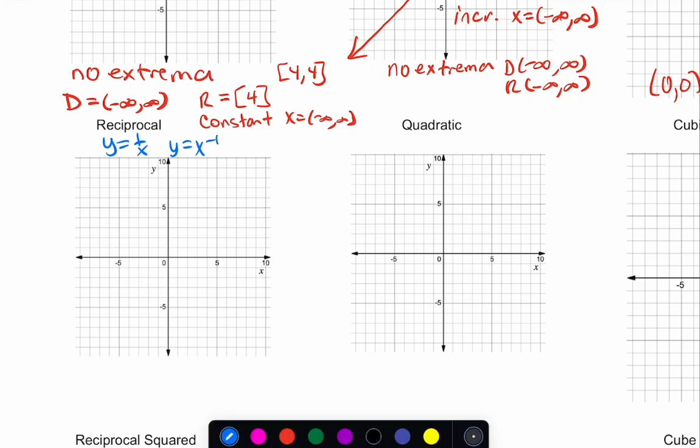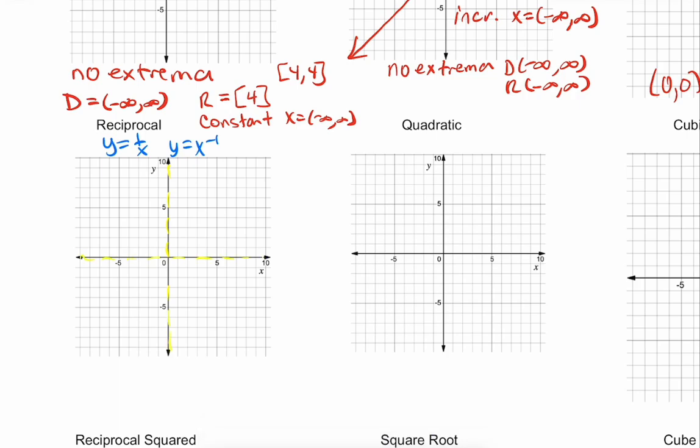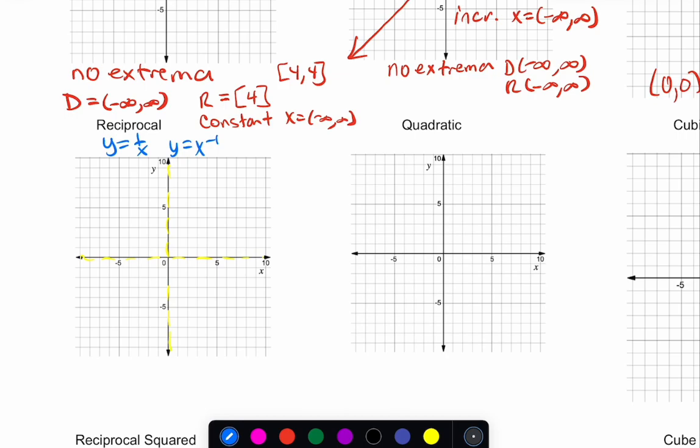Remember that on this graph, there is a dashed line down both our x and our y axis. We never touch those. Most reciprocal functions will have an undefined x and an undefined y. And then it has almost like a very rounded L shape.